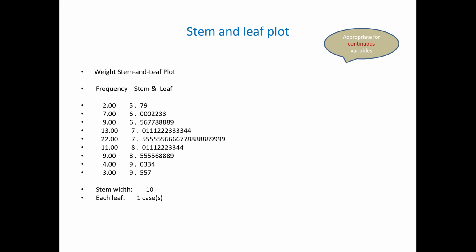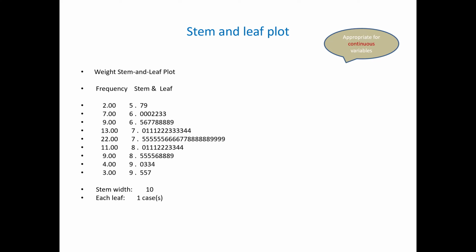This is the weight of some women that came for antenatal in one clinic. Nobody has up to 100 kg, so it's 2 digits. Stem and leaf will plot the last digit as the leaf and the initial digit as the stem.